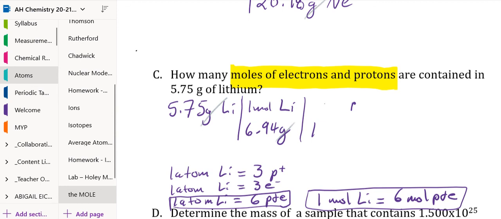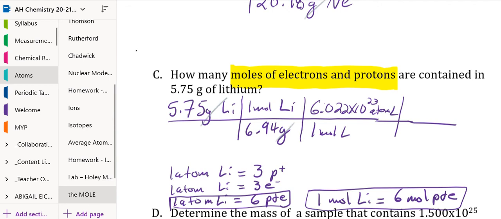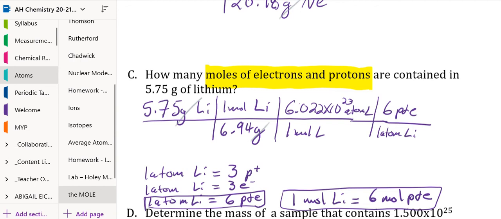Okay, so we would go from moles of lithium to atoms of lithium. 6.022 times 10 to the 23rd atoms of lithium is 1 mole. Then I would use that 1 atom of lithium contains 6 protons and electrons. That we've already done.